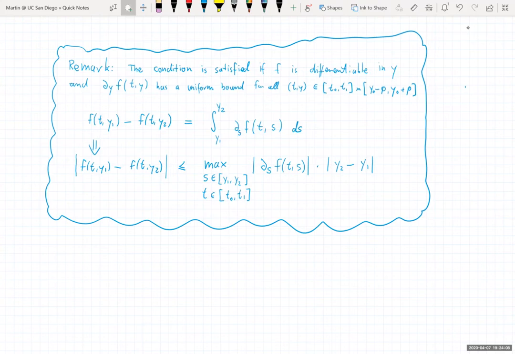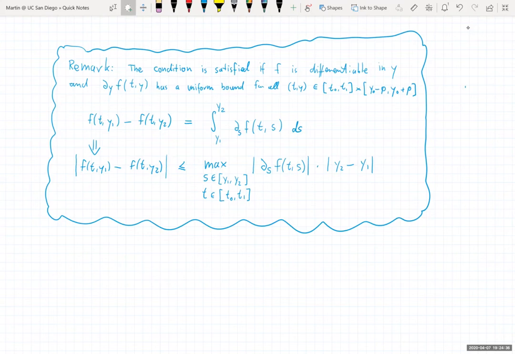So to check that the Picard-Lindelöf Theorem can be applied, we can take the derivative of f in y. We check that the derivative actually exists for all t and y. And then we check that for all t, y from this rectangle, this derivative of f in y is uniformly bounded.